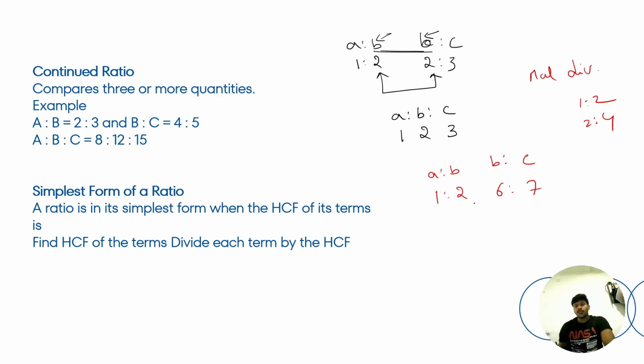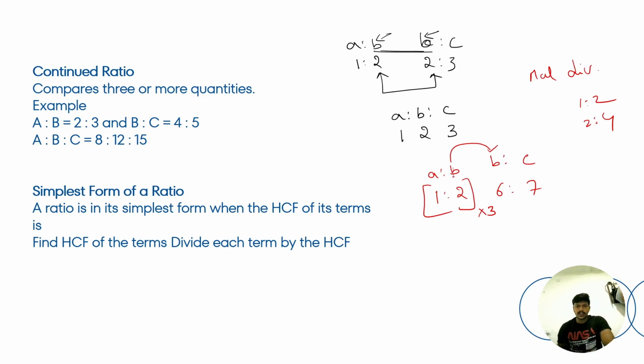Now here, we can't directly convert 2 into 6 by dividing, that will become difficult. But by multiplying with 3, you can make 2 into 6. So just multiply it, because I know multiplication is not going to affect the ratio. But remember, when you are multiplying, you should not disturb the relation. That means when you are multiplying one variable, you have to multiply each and every variable in that ratio.